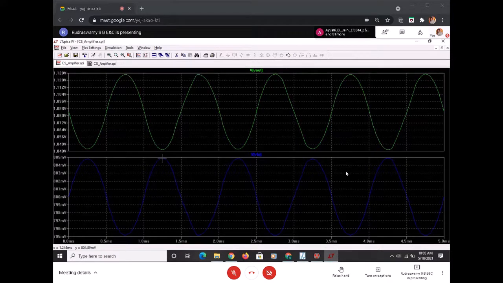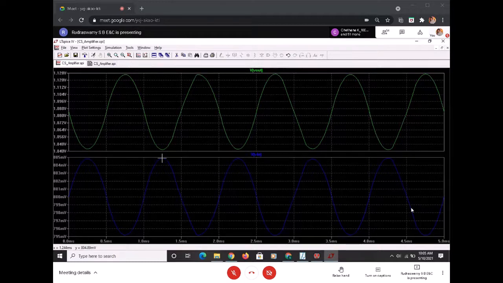Since we know what the input is, if I now take the difference, I have 1.12 minus 1.04, which is basically 0.08, so I'll be getting V out to be 0.08, divided by 0.01.